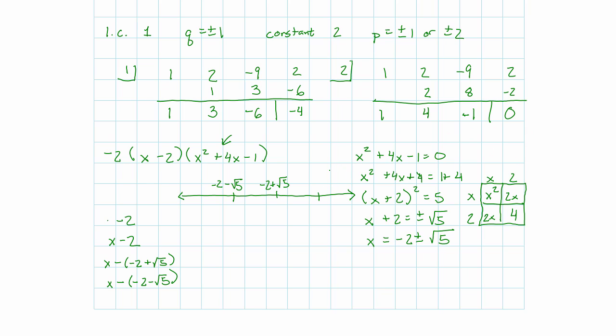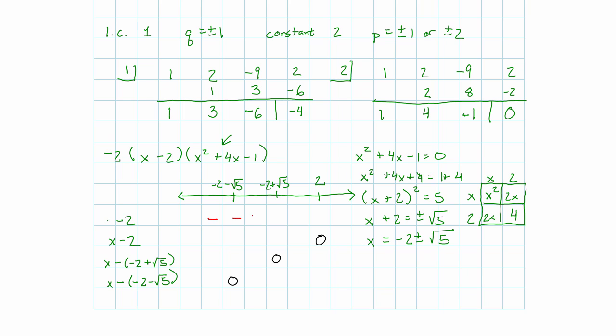And then 2 is my last one. So x minus 2 is 0 here, here, and I've got a 0 here.